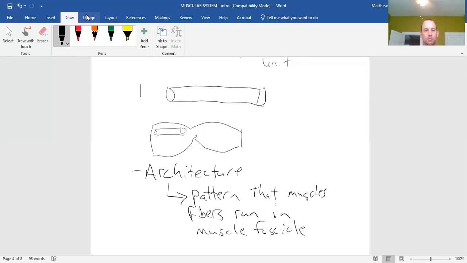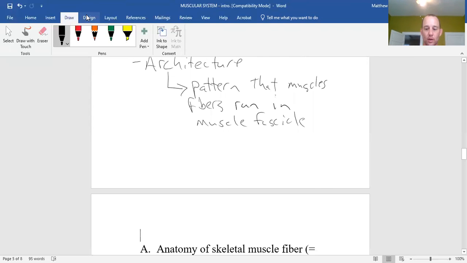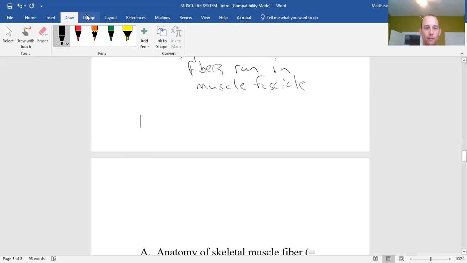So technically speaking, your architecture or shape of a muscle is based off how the muscle fascicles run within a muscle. And there are 5 main types of architecture based off the pattern of those muscle bundles.